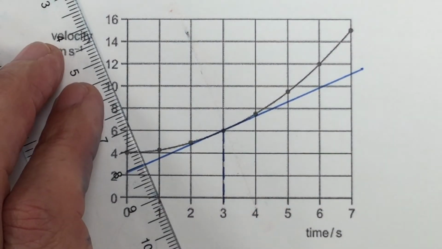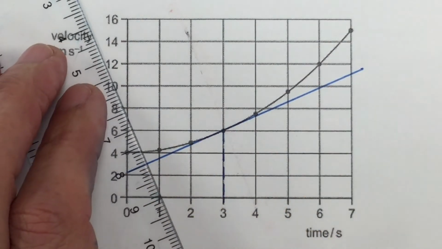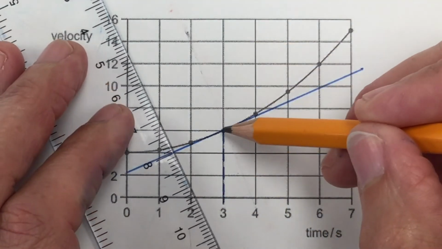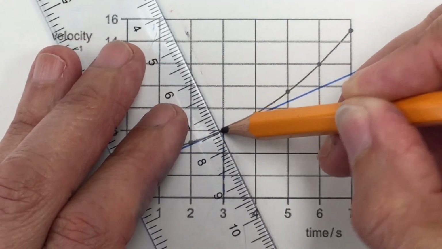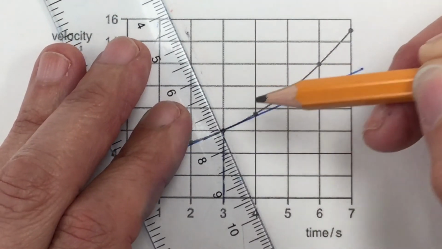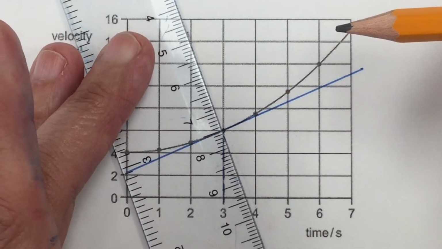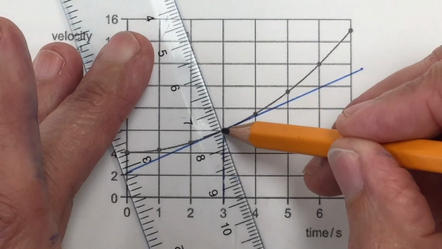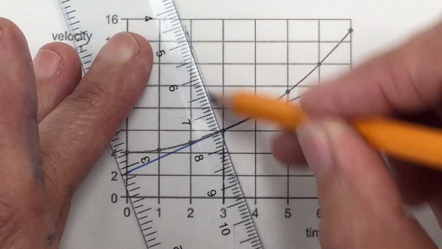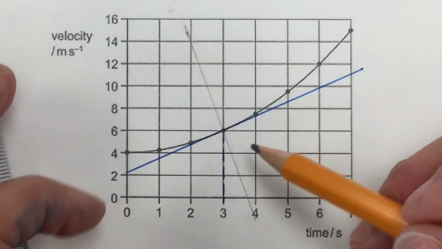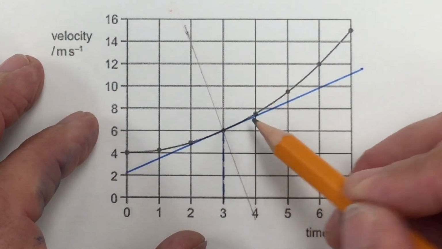To increase your confidence that you did a very good tangent line, you can also place the ruler at the point right here. Make sure that you are making 90 degrees with the tangent line like this, and trace a fine line. It looks good. So it's making 90 degrees with the tangent line.